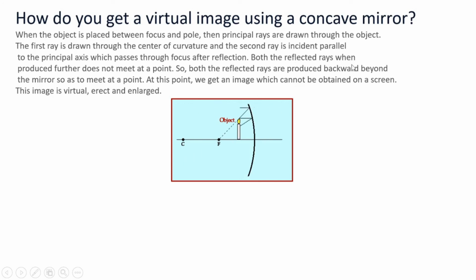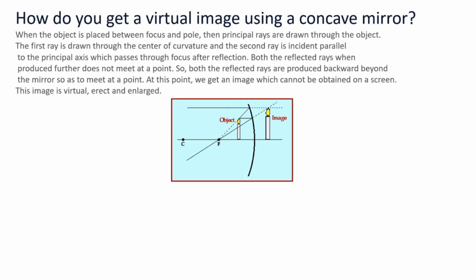Both the reflected rays, when produced further, do not meet at a point. So both the reflected rays are produced backward beyond the mirror so as to meet at a point. At that point we get an image which cannot be obtained on a screen. This image is virtual, erect and enlarged. So we have to form a virtual image by using what?